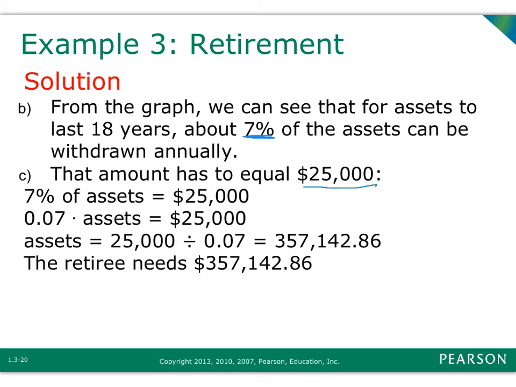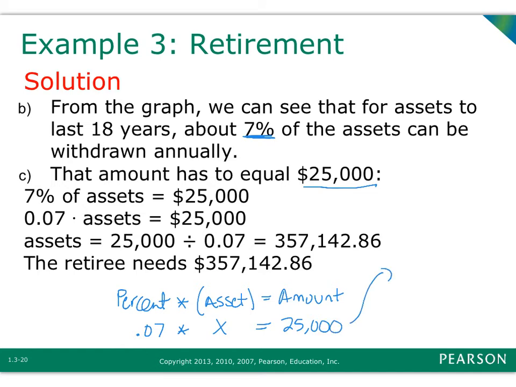The strategy is the percent times the asset is equal to the amount. In this case, the percent was 7%. The assets we'll call X, and the amount was $25,000.